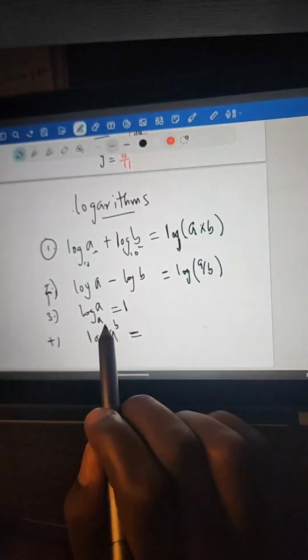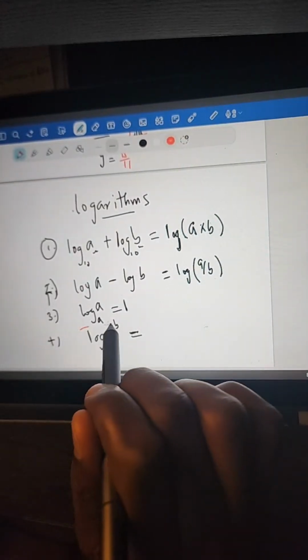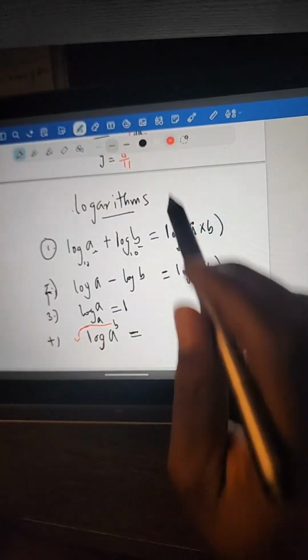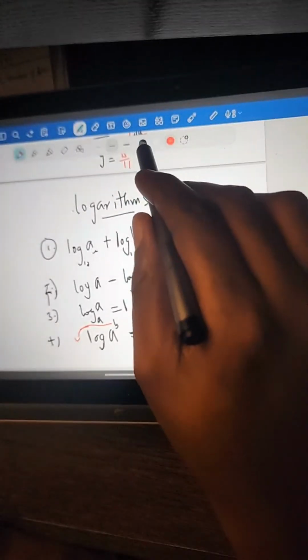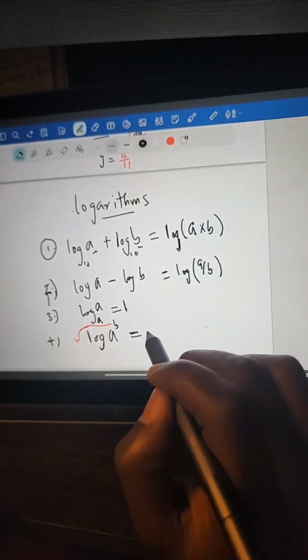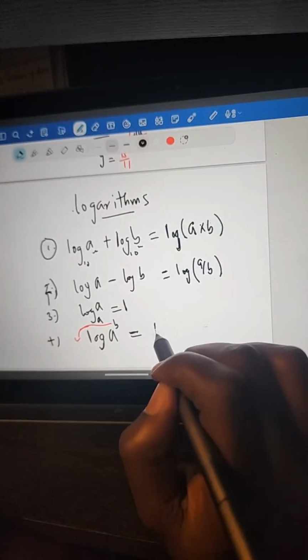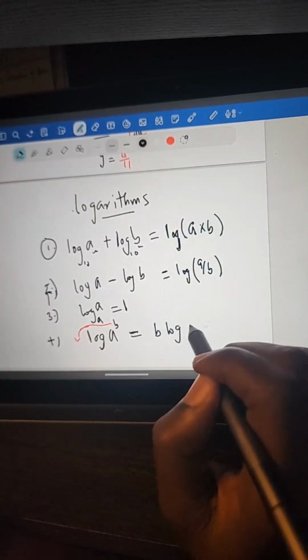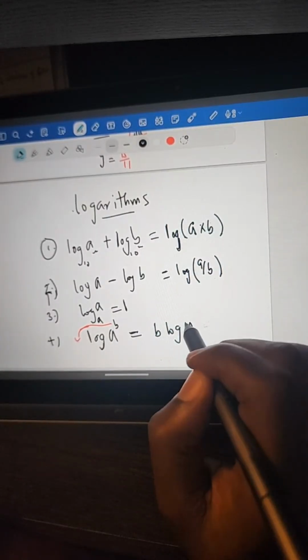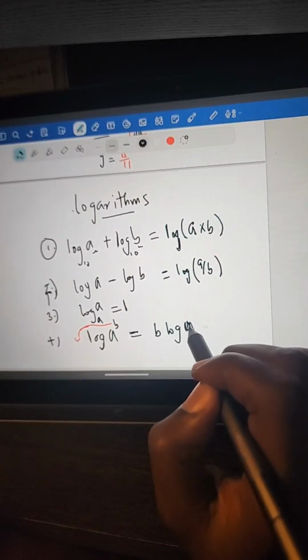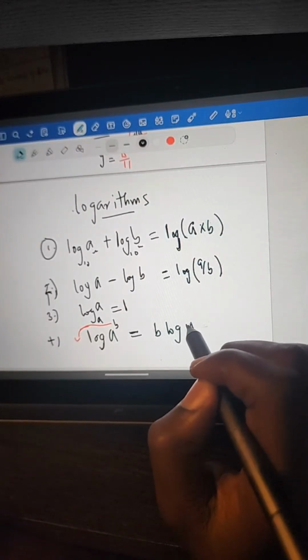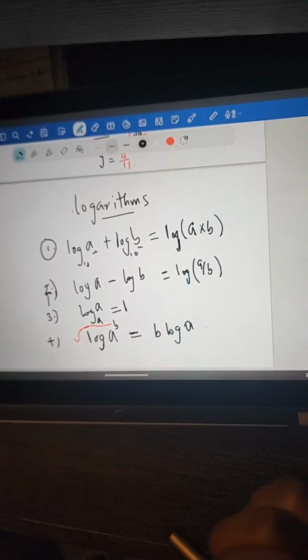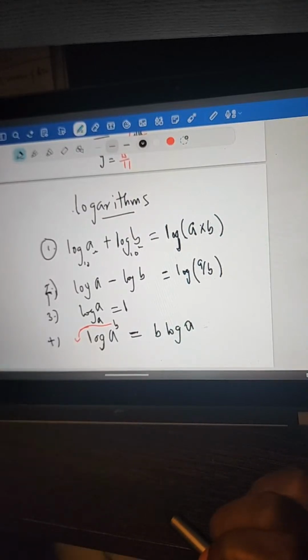Now, you can easily move this B. You can move it in front. You can see, this is the law. This is B log A. So this is B log A. This is the law of logarithms.